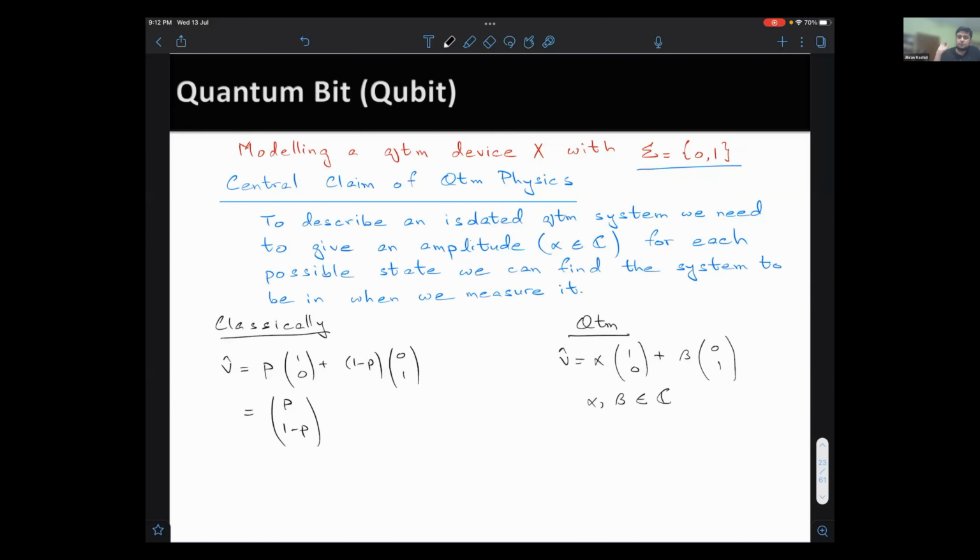A small quick disclaimer: in every program that you will write in QBronze, in the Jupyter notebooks, we assume for the sake of simplicity that these amplitudes are real numbers when you're writing your programs. I'll just use this notion of these amplitudes being complex for these first 2 slides.